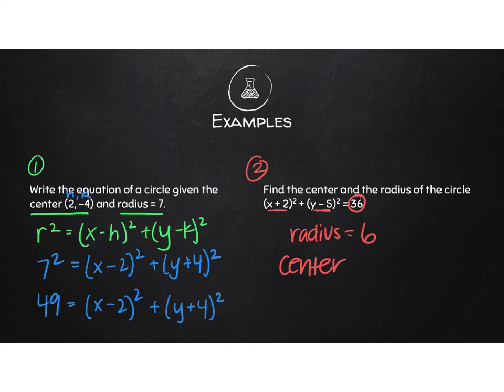So our center is at negative 2, comma 5. Remember in our formula, the way that I get that negative 2 is this is really x minus negative 2 squared. So the negative 2 is the x value. And since this is y minus 5, we know it's just a positive 5.